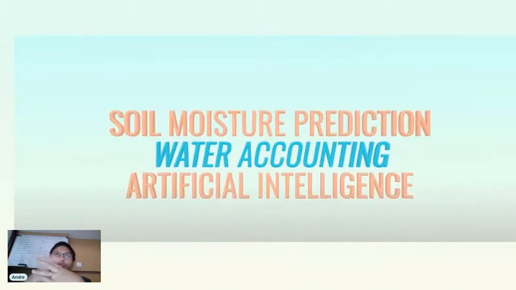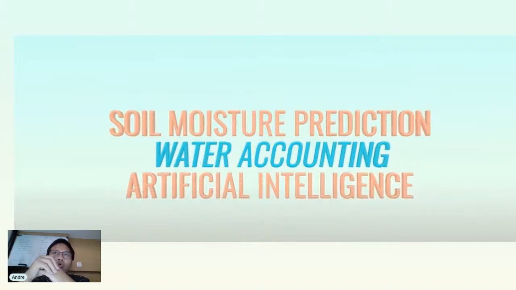So we planned not only soil moisture content, because during the competition we obtained several insights and ideas from the judges and the mentors, and it was very helpful for us to develop this WebGIS.